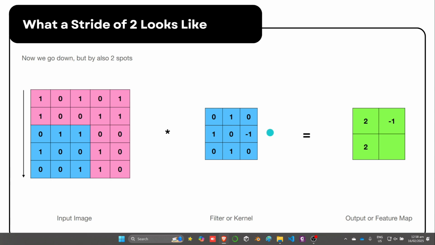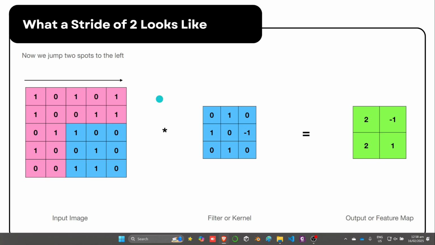So now there are only 4 available movements when you're using a stride of 2.